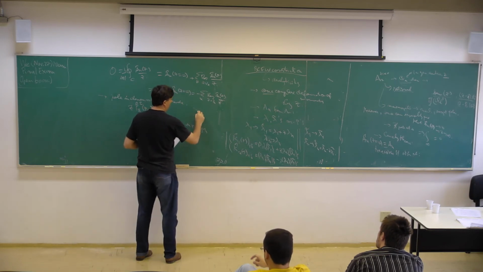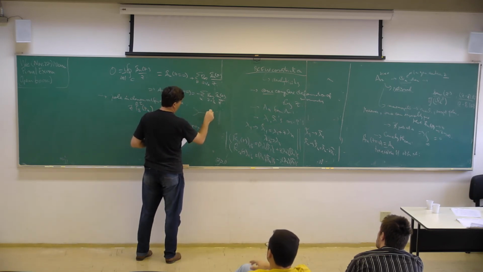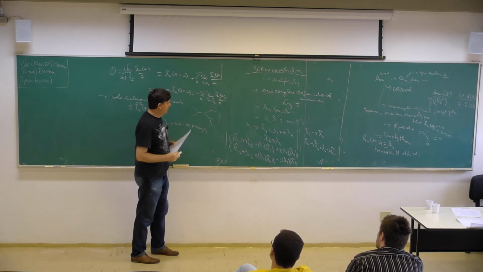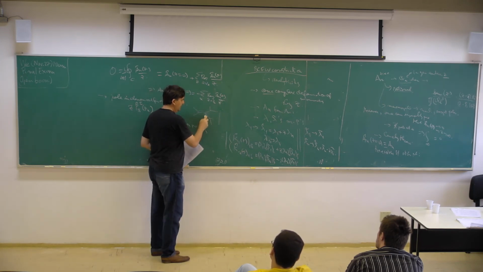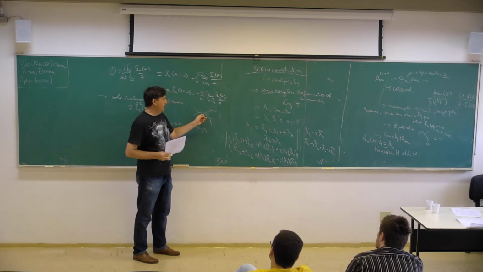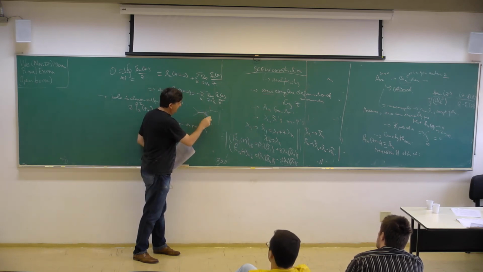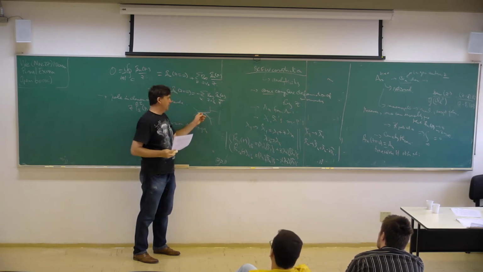Remembering that the poles of the amplitude are all coming from the propagators in some Feynman diagram, right? So the Feynman diagram has these propagators, and when they become on shell, that gives a pole in the amplitude, right?